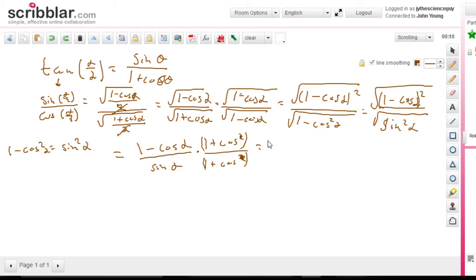So on the top I get 1 minus cosine squared alpha. And on the bottom I get sine alpha plus sine alpha cosine alpha.